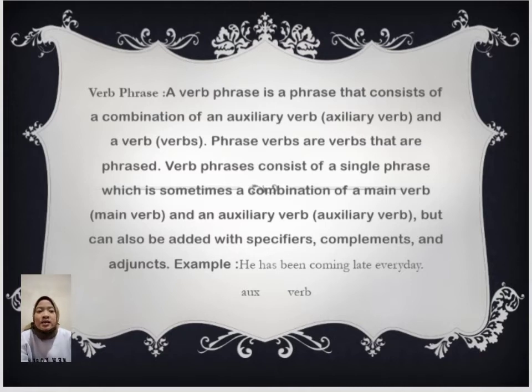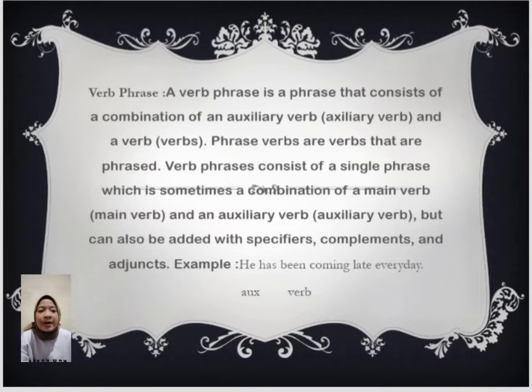Verb phrases consist of a single phrase, which is sometimes a combination of a main verb and an auxiliary verb, but can also be added with specifiers, complements, and adjuncts.